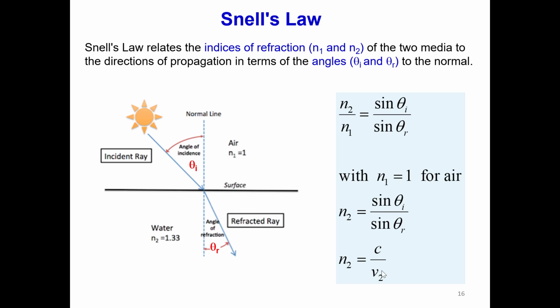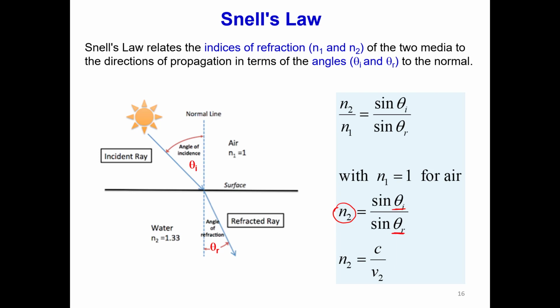And we can use the equation of the index of refraction to calculate the speed of the light in that particular medium. Because we know from the Snell law, we can calculate the index of refraction. We will know this one because we can measure this angle and this angle.